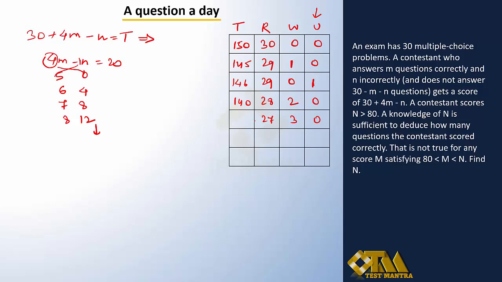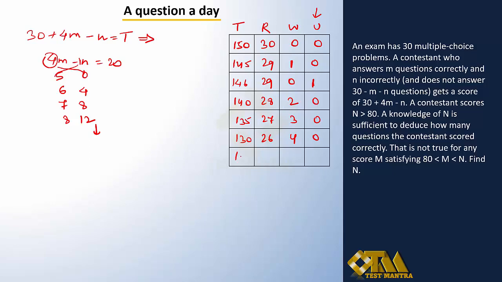So let's check. 27 into 4 minus 3, so the figure is about 135, right? Similarly, suppose if we take 26, this is 4 and this is 0, this is 130 here, and I can have various variations in this case for the time being.